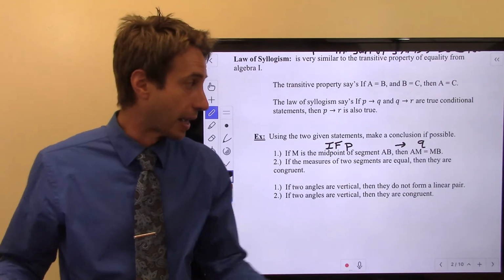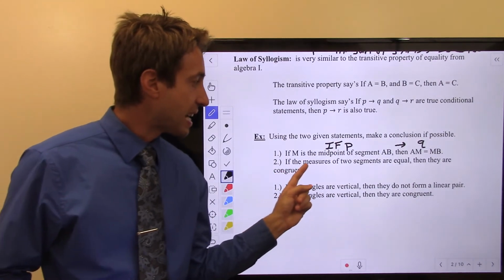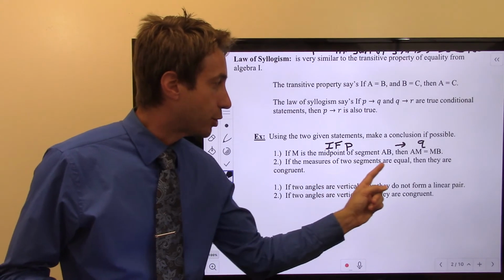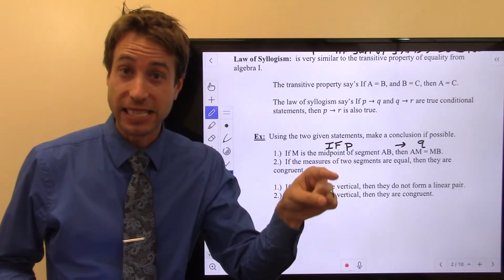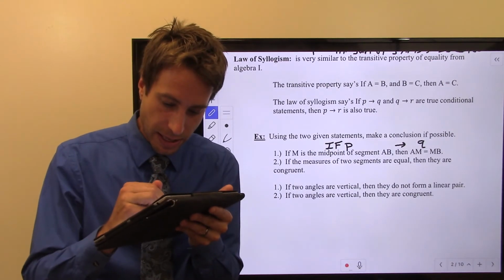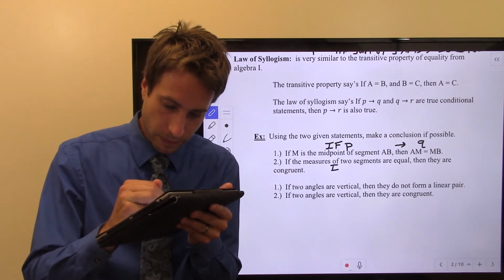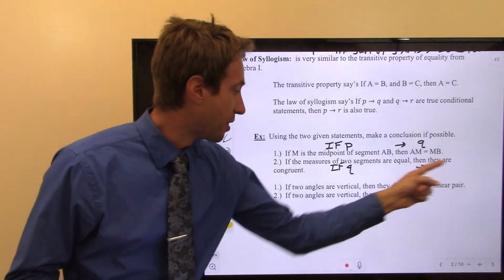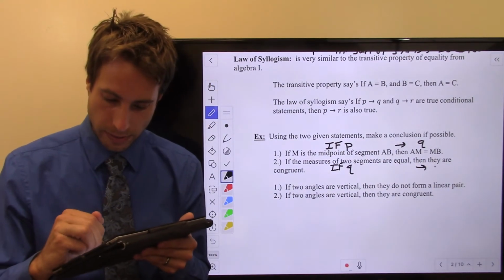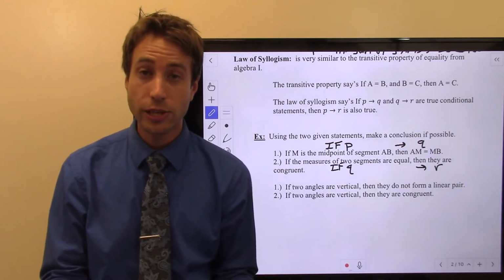That's our definition, okay? Keep going. If the measure of two segments are equal, that's exactly what I said right there. AM is equal to MB. This is if Q. Then they are congruent. Then R. What are we going to do?